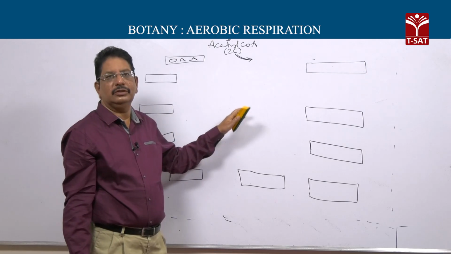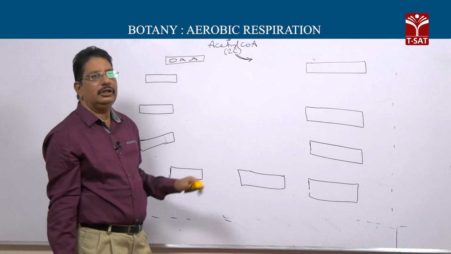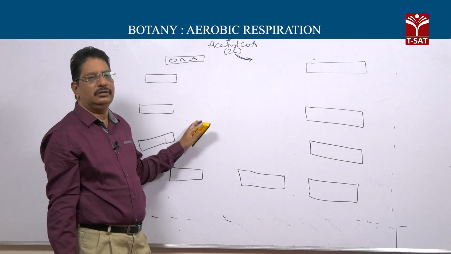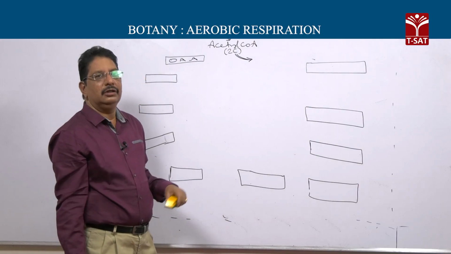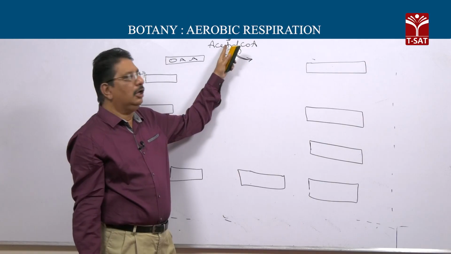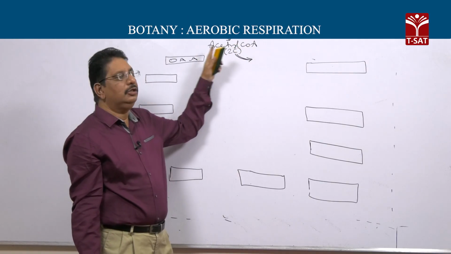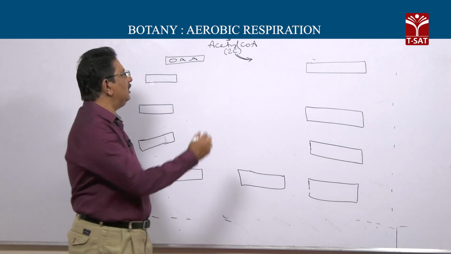It requires the support of another compound, oxaloacetic acid. So in the first reaction of the Krebs cycle, the acetyl group of acetyl coenzyme A condenses with oxaloacetic acid.